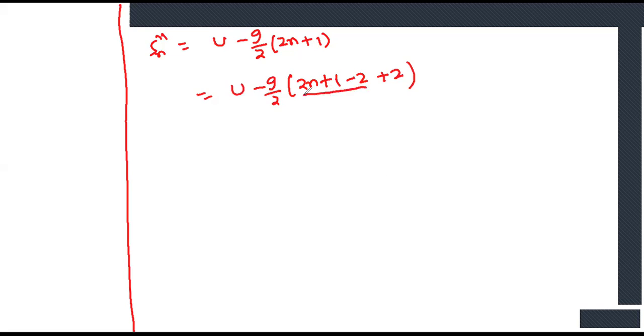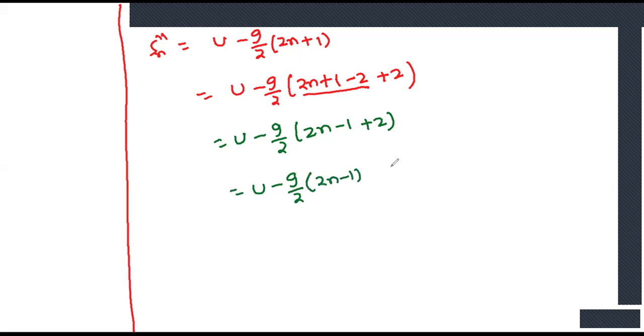So these first three terms we can write as u minus g by 2 into 2n minus 1, plus 2. Is it fine?